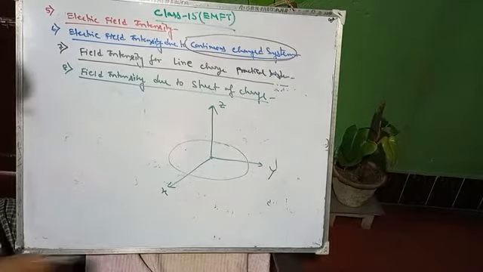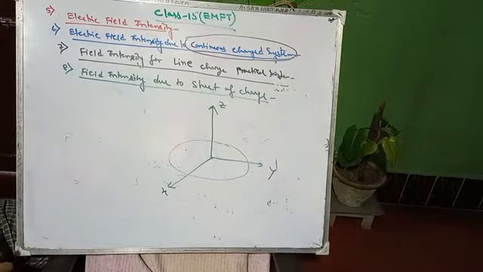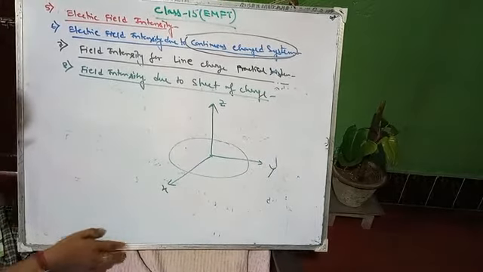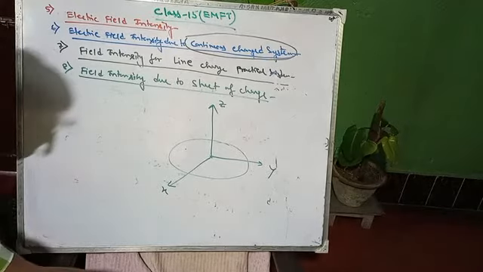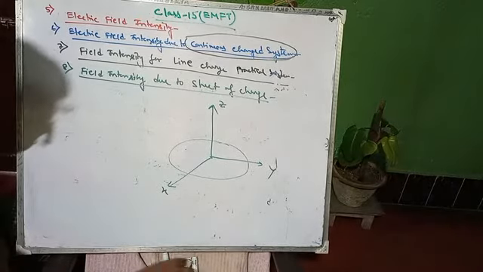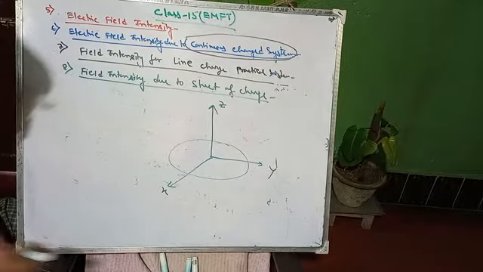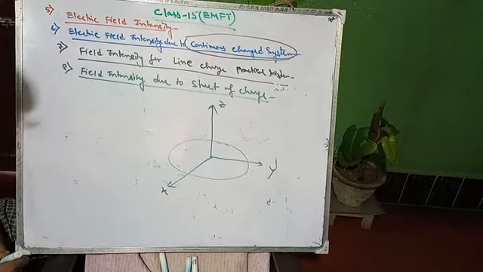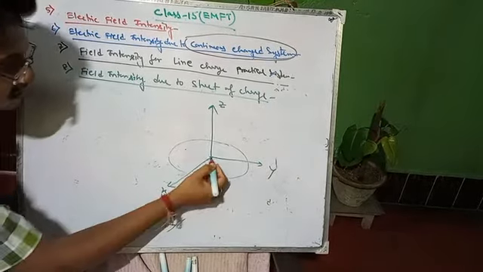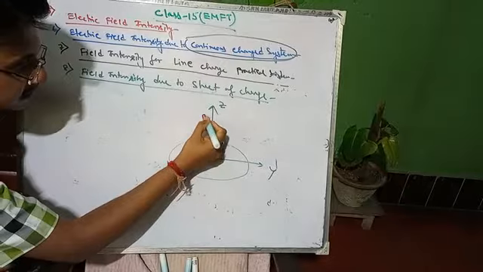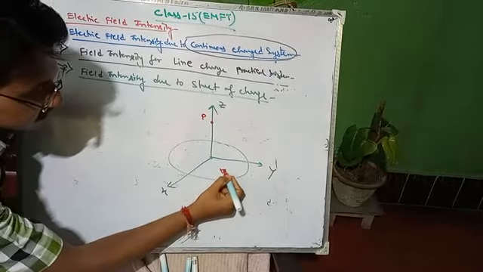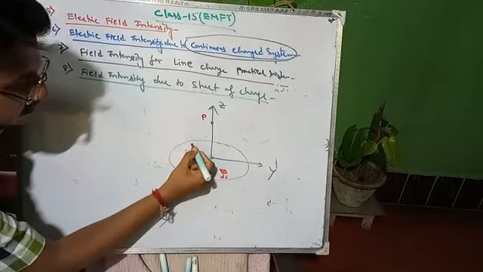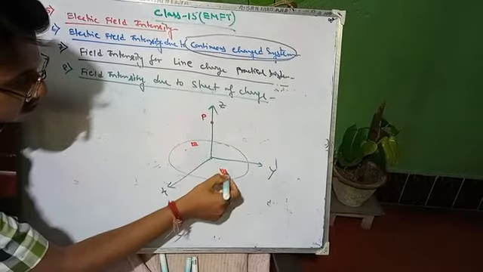Okay, so then consider the point of observation to be placed on the z axis, as shown in the figure. So now we are taking this point P. Okay, so we are taking a differential element ds, and another one over here ds, exactly opposite to it.